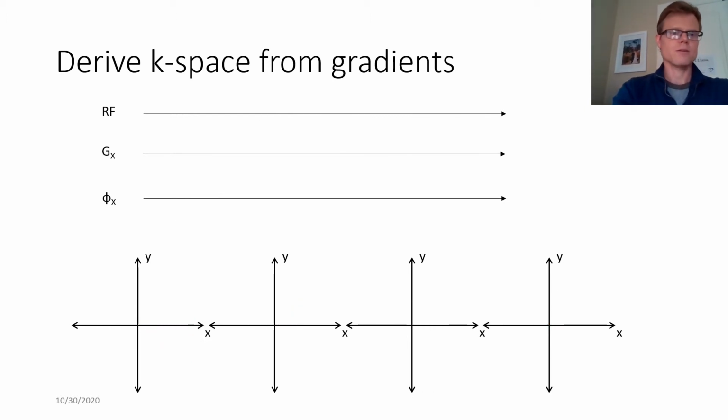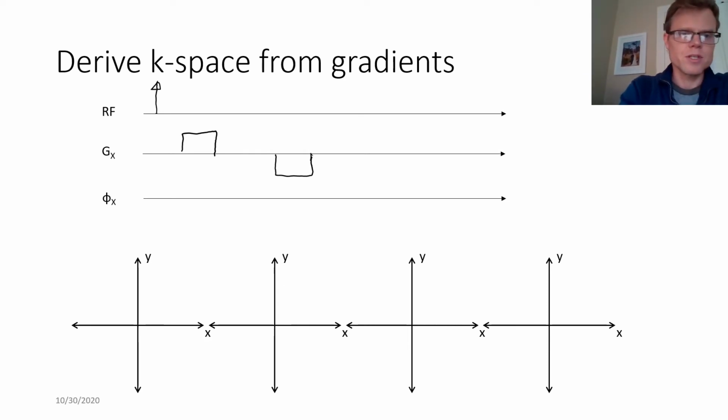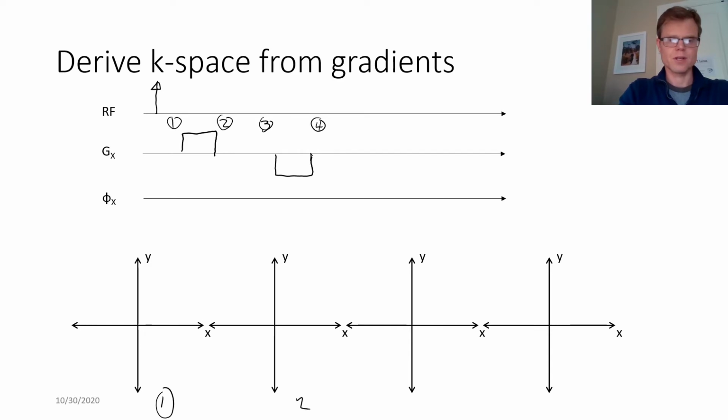Okay, now let's go to a little bit different example. What you've actually seen a little bit in pulse sequences is that we're going to turn our gradient on, off, and then turn it on in the reverse direction as well.